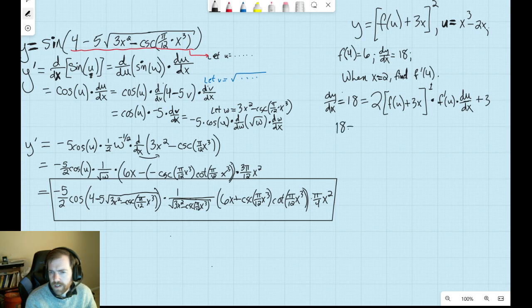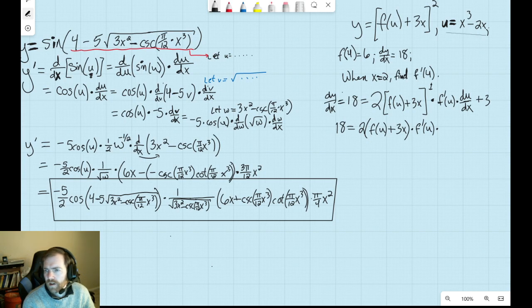Okay, so we've got an 18 is equal to 2 parentheses f at u plus 3x times, right, f prime at u multiplied by du dx.